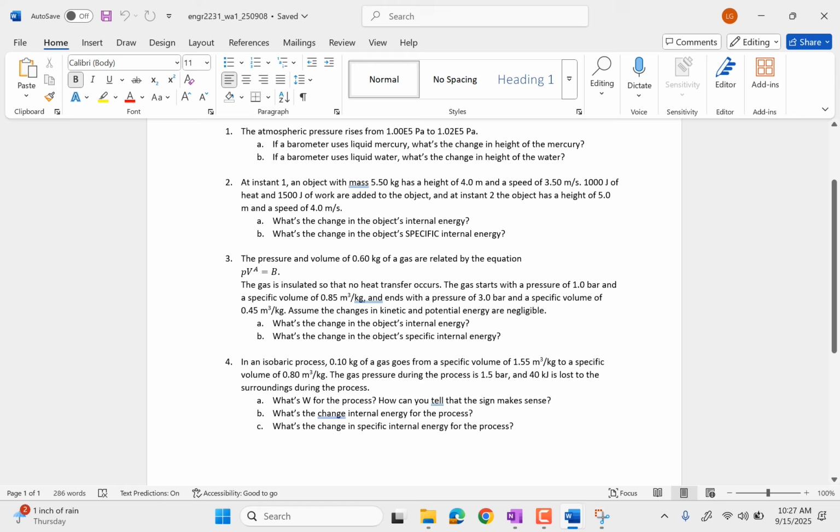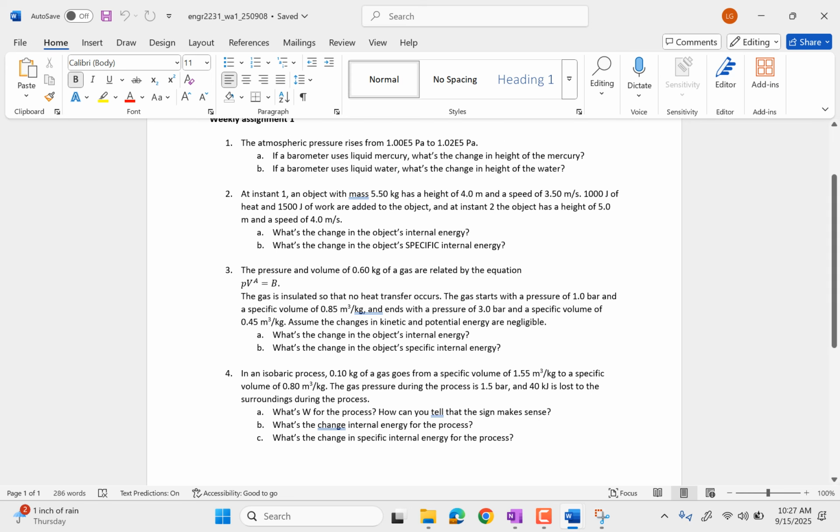Okay. So you have an object with a given mass and a given height, and it starts out with a given speed. You have heat and work added, and then you're given a height and a speed at instant 2.